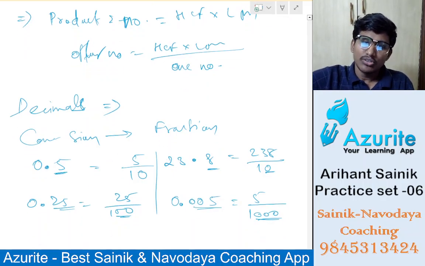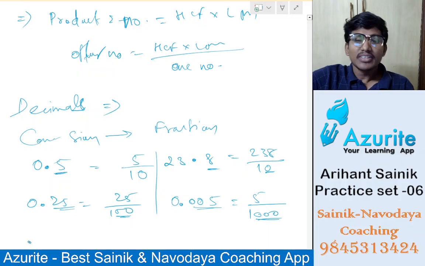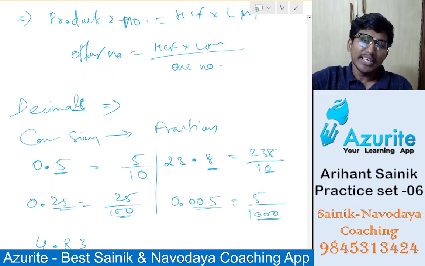Now fractions with decimals. If they give 4.83 divided by 2.1, you have to shift the point, or cross multiply.